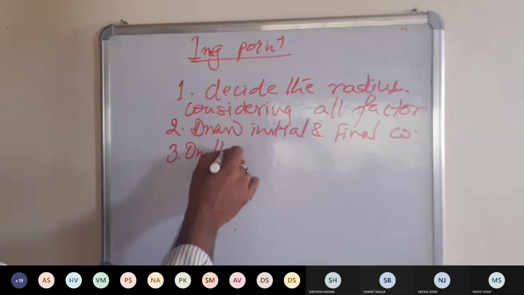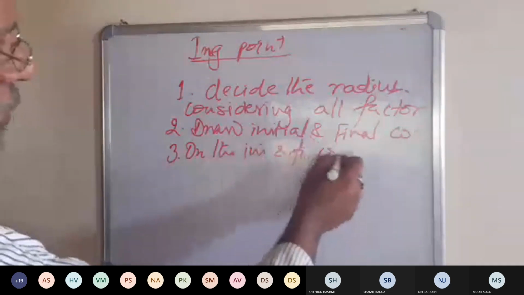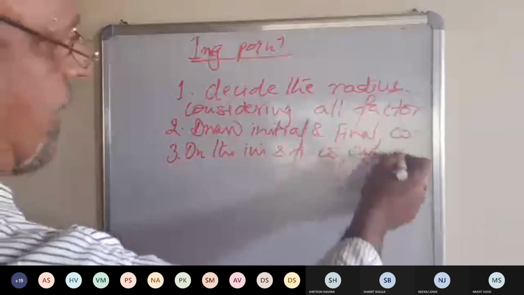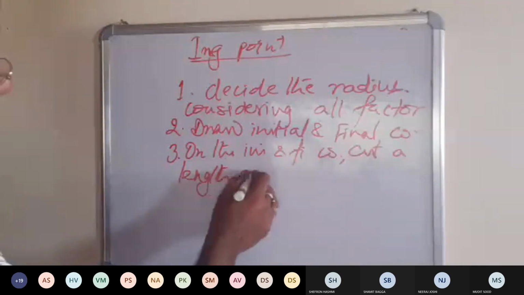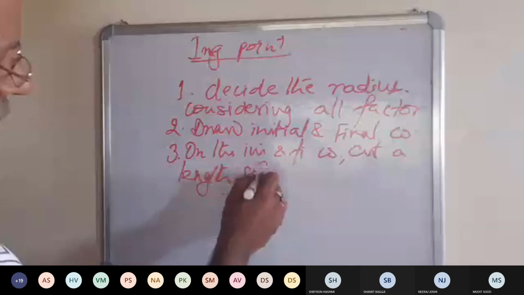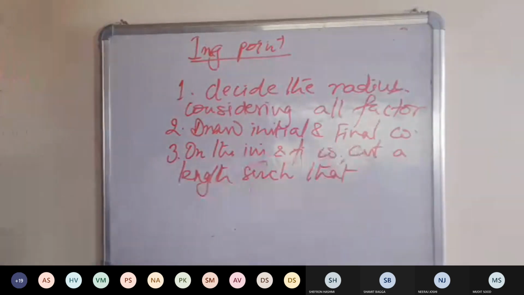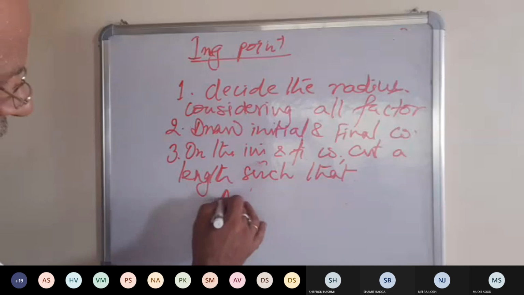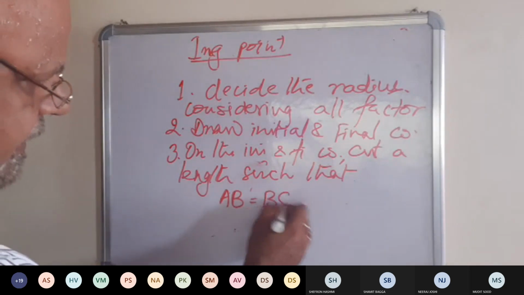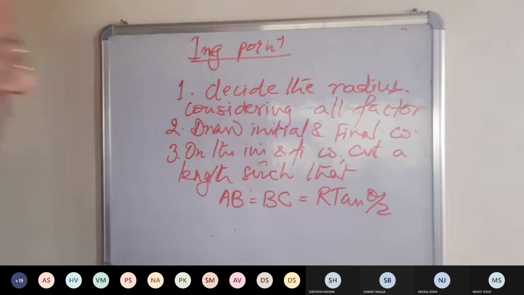On the initial and final course, cut a length such that you can have any name, A, B, B, C, P, Q, R, M, N, O, whatever. So we are writing like AB is equal to BC is equal to R tan theta by 2.